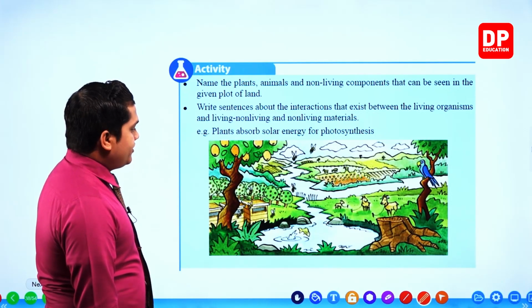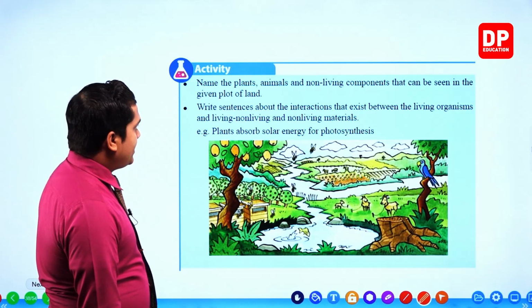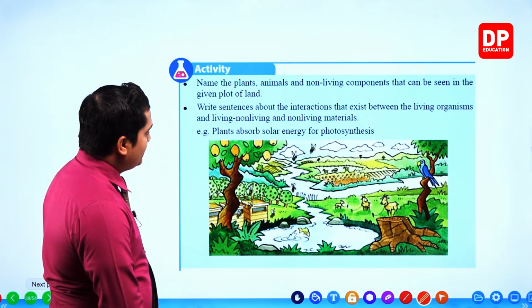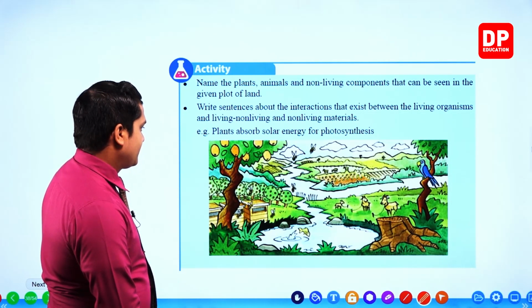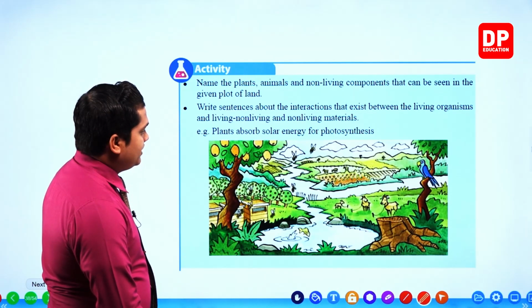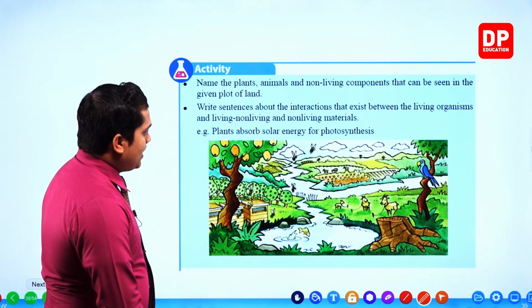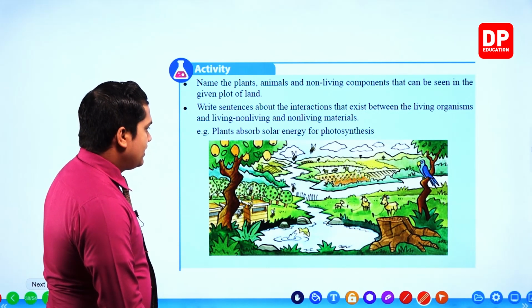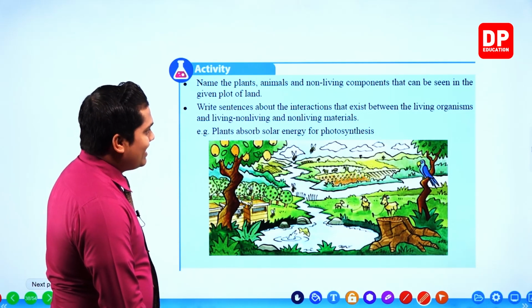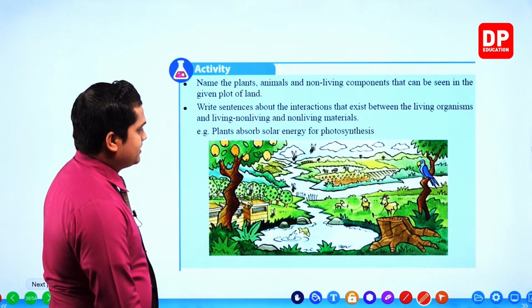So what you have to do, first of all, you have to write down the types of plants and animals that can be observed within this figure. Plants and animals that can be observed within this figure. So I will write 3 plants, 3 animals and, my dear children, 3 non-living materials.